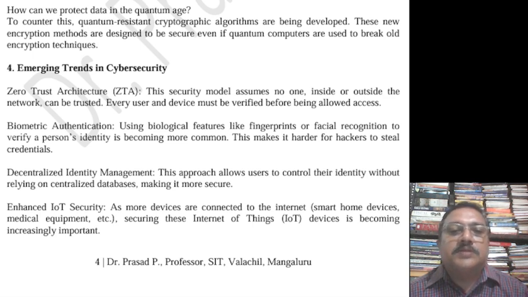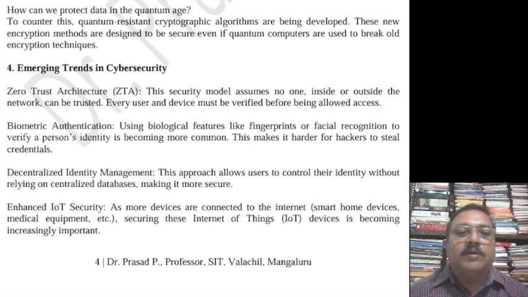So zero trust architecture, ZTA, is a security model, a working plan, which assumes that no one, whether insider or outsider, or even the owner of the company or the system, can be trusted. The owner means the system used by the owner, not the owner as such. Zero, no trust at all, zero trust.